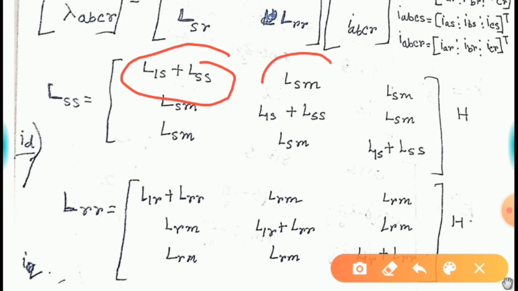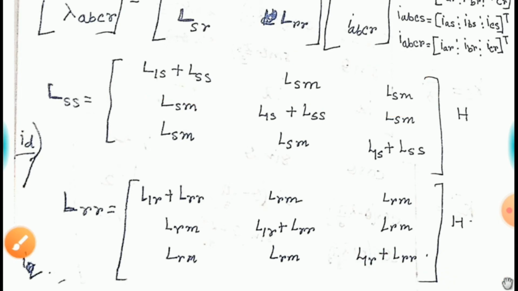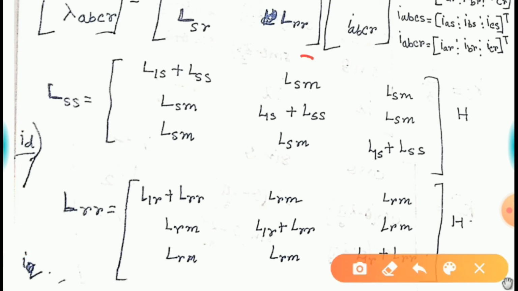And these LSM are the mutual inductances, as we have assumed that this machine is a symmetrical induction machine. That is why the off-diagonal terms are equal, or even if they are not equal, they are sinusoidally varying quantities with equal maximum magnitude.